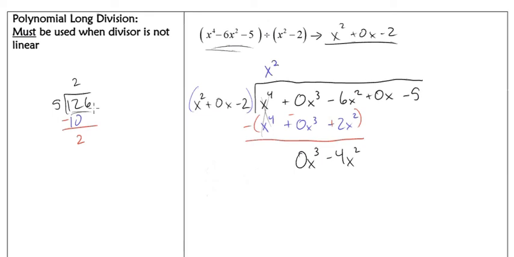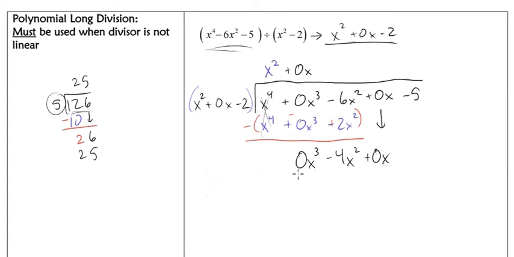All right, back over to our original problem, our long division example. Here you would bring down the 6, and we'll do the same thing over here. We're going to bring down the plus 0x. And now we start over. So how many times does 5 go into 26? Well, it goes in there 5 times, gives you 25. So how many times does x squared go into 0x to the third? It goes in there 0x times.